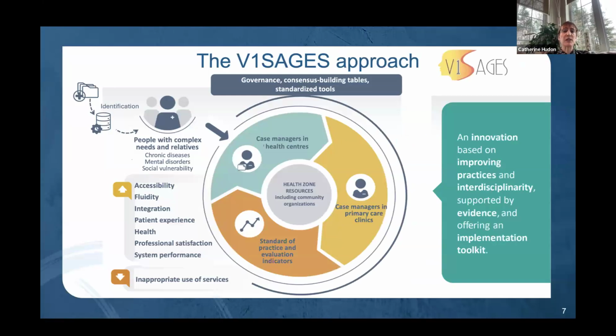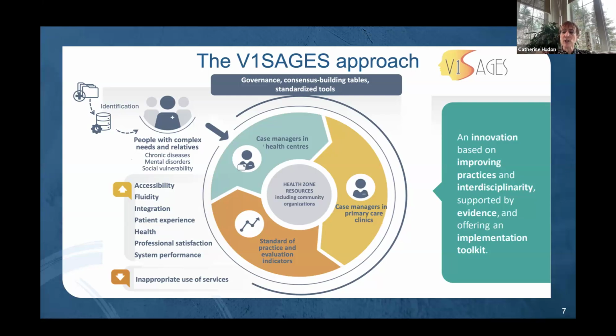In summary, hospital case managers work in collaboration with case managers in primary care clinics and partners in the health and social services network and the community network to improve the coordination of services for people with complex needs. The approach makes use of information systems to identify patients and includes aspects of governance and consultation tables.